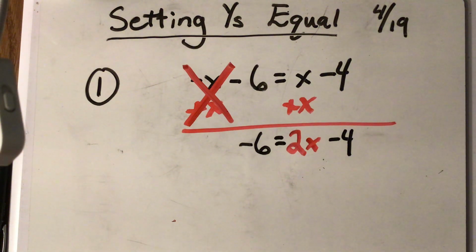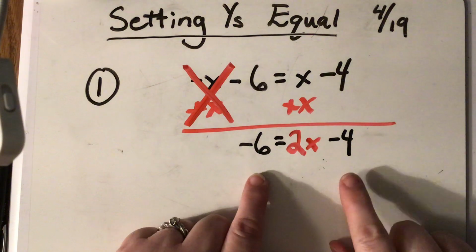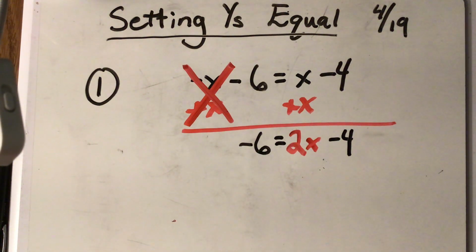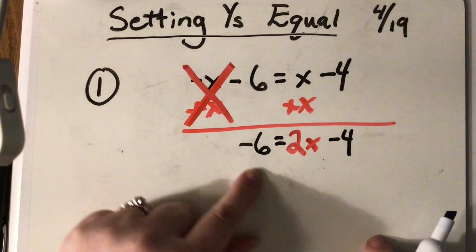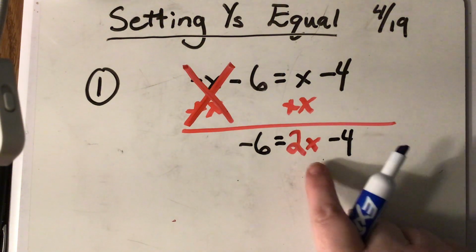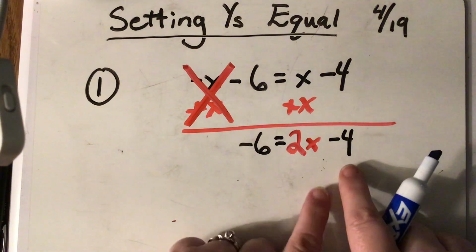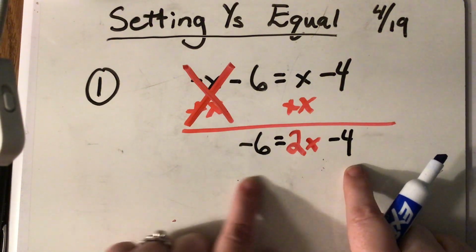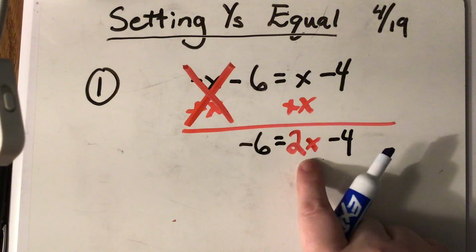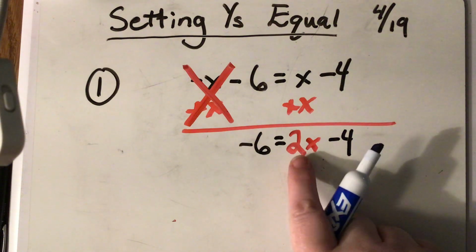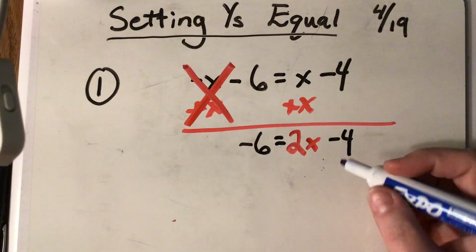So now my new problem is I have numbers on both sides. So I need to move this number over here or this number over here. Problem is I'm trying to get things away from the x. So since the 4 is here, let's get rid of him first. These two are kind of super glued together. Look, there's not even a sign between them. So let's get rid of the 4.